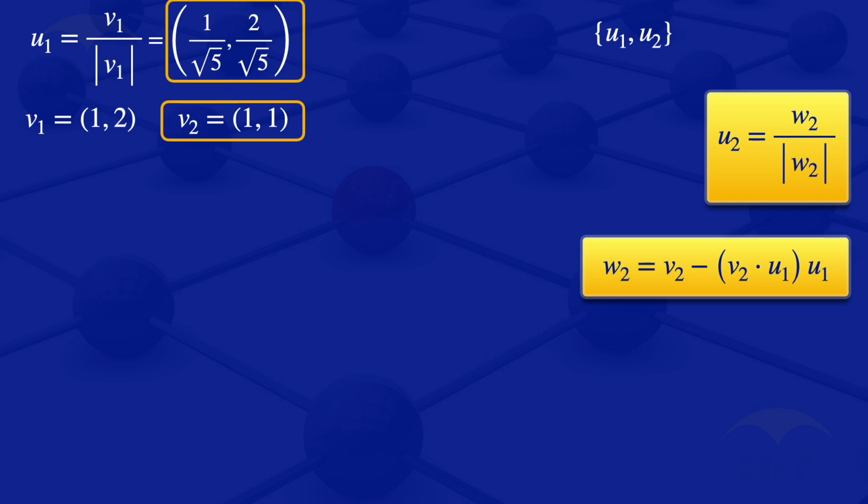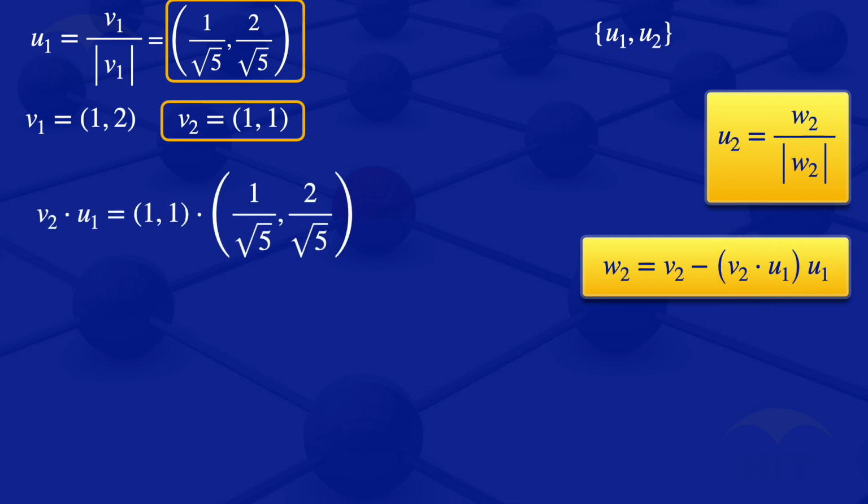So I'll evaluate the inner product of V2 and U1, which is (1, 1) dot (1 divided by square root of 5, 2 divided by square root of 5). Multiply the corresponding elements, then add them: 1 times 1 divided by square root of 5 plus 1 times 2 divided by square root of 5. This gives us 3 divided by square root of 5.